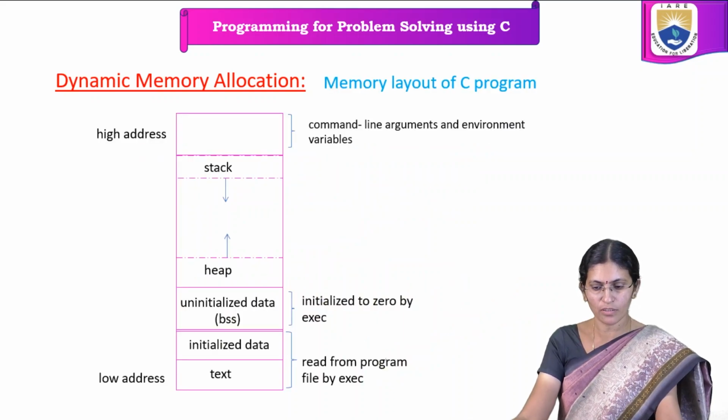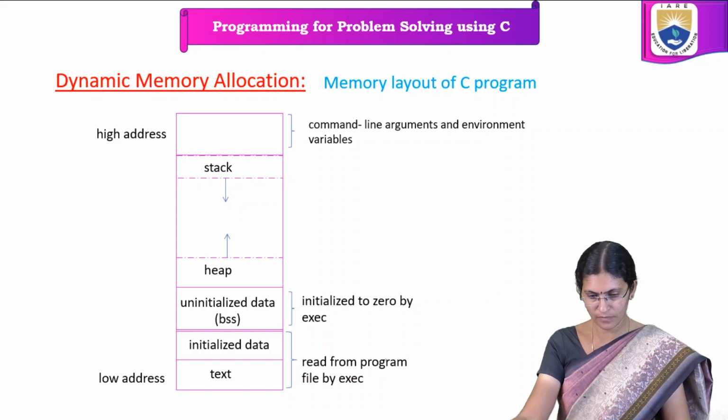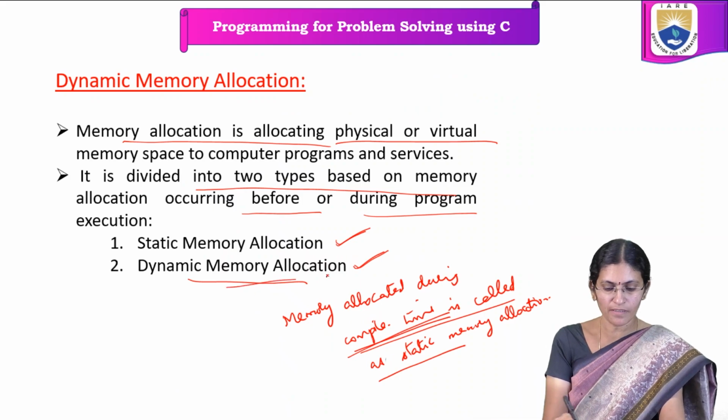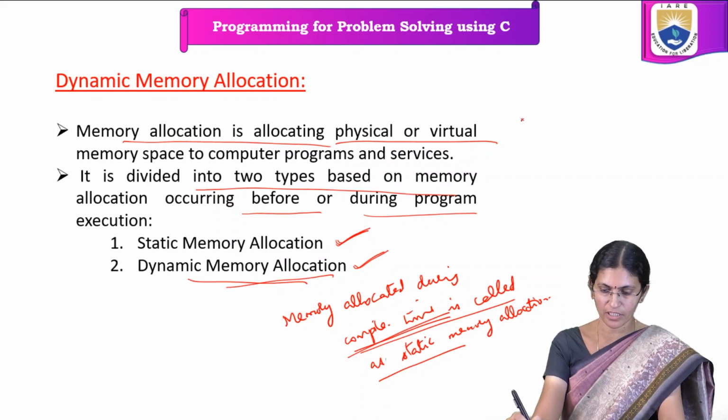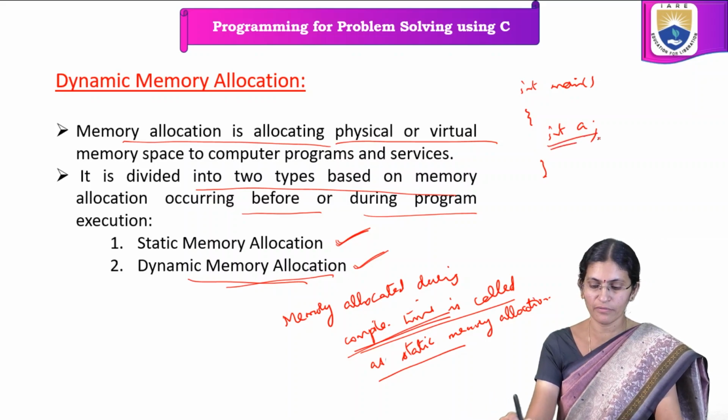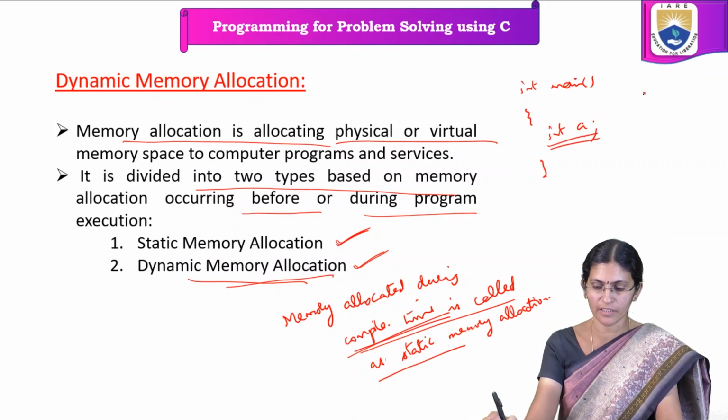So, memory layout of C program. Next, let us understand what static memory allocation is with an example. Suppose in the program, if we declare a variable int a, here memory for this variable a is allocated, that is 4 bytes.